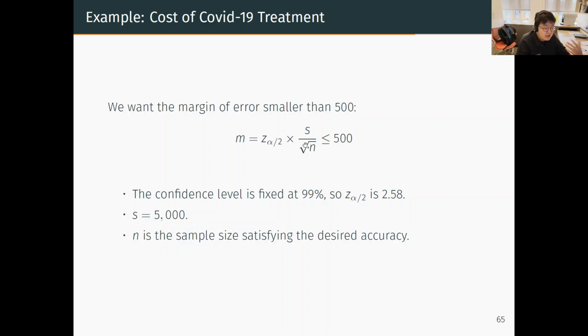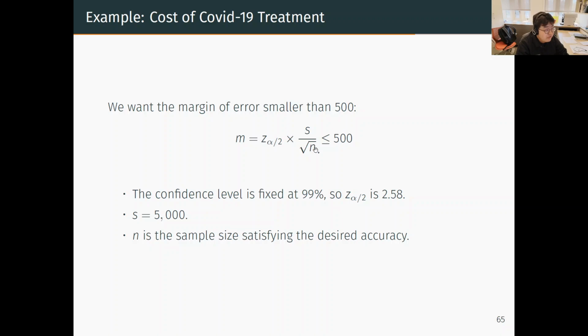You can satisfy both goals if you increase the sample size. Without changing alpha, you can satisfy this inequality. That's what I'm saying, right? How can we do that? The only unknown is n, so we are going to solve this inequality for the sample size n.